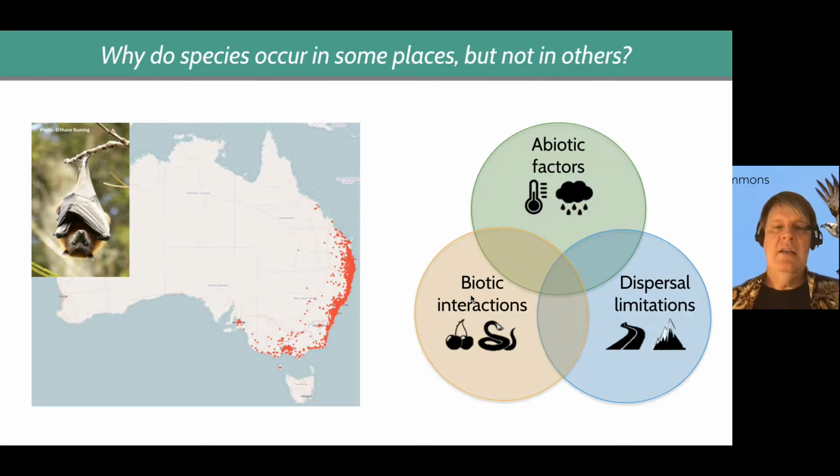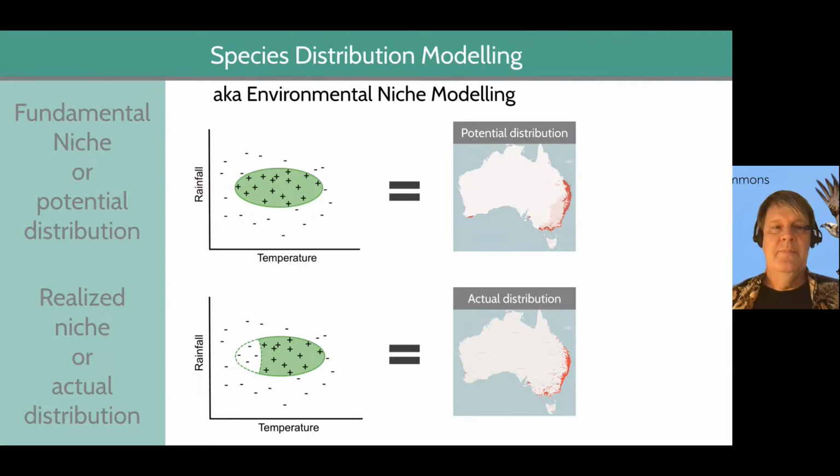There might be biotic interactions that are going on. So there might be a predator or a competitor that are changing where this species can occur. And there might be dispersal limitations. You know, kangaroos could probably survive in North America, but they're not there, right? They can't cross the ocean.